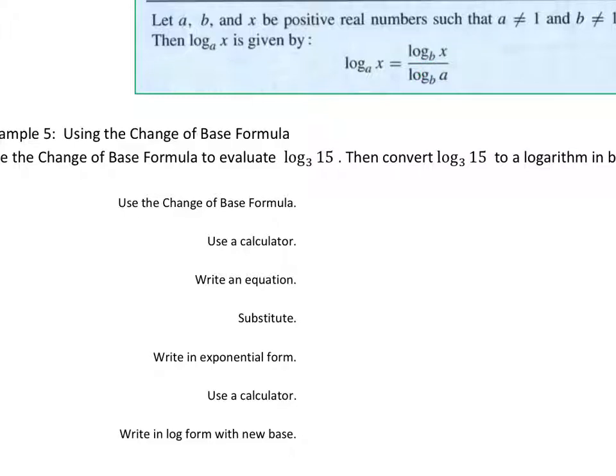So we want our base to be 10. What that will look like is our original log will equal log base 10 of 15 over log of 3. You actually don't even have to write the 10.